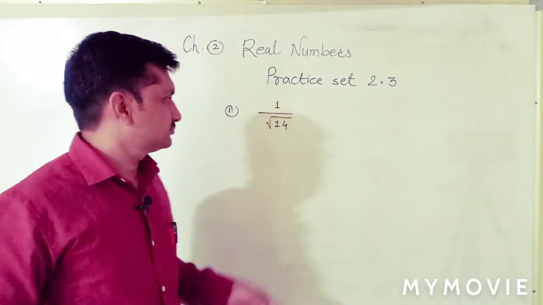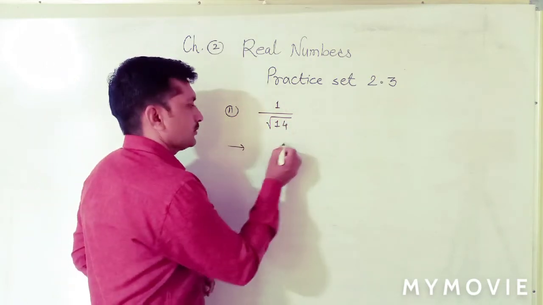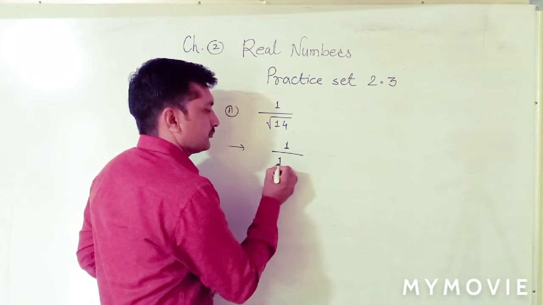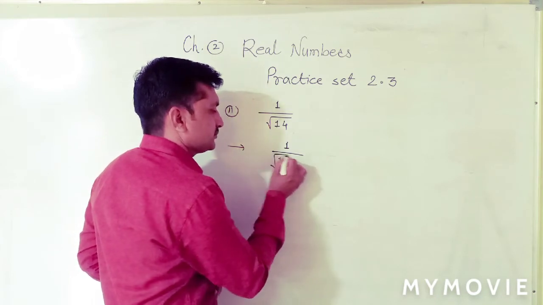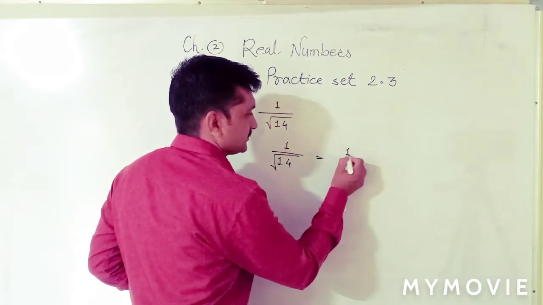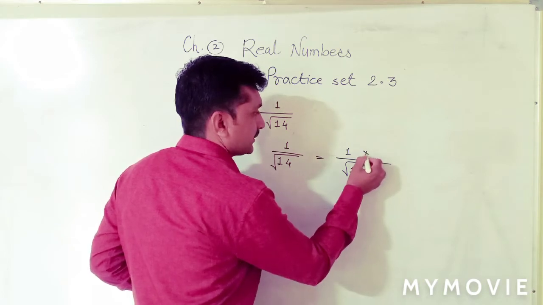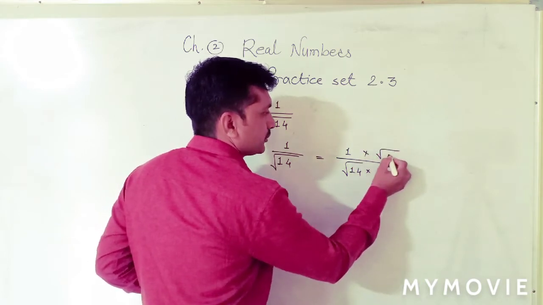Example number 2: 1 upon square root of 14. Now here in the denominator there is square root of 14. We have to rationalize this. That's why multiply and divide by square root of 14.